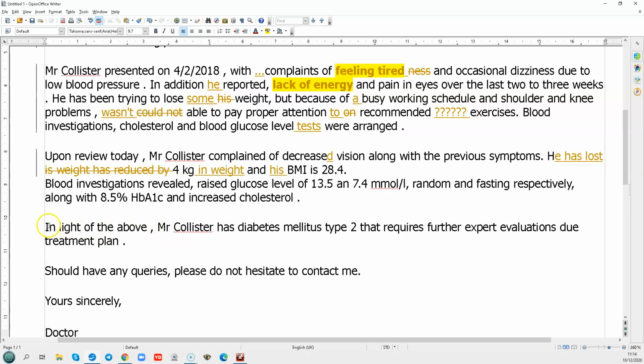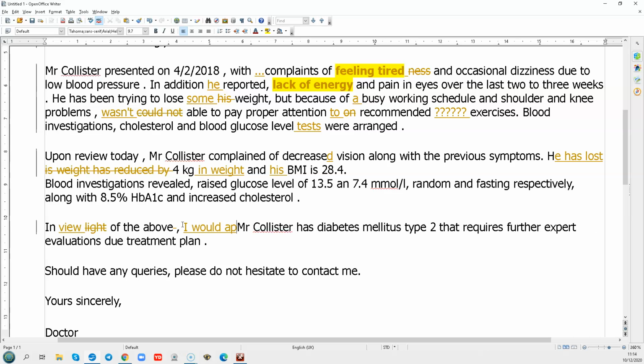But now, in light of the above, then you make your request. And we usually say in view of the above. In view of the above, I would appreciate it if you could. This is where you make your request.